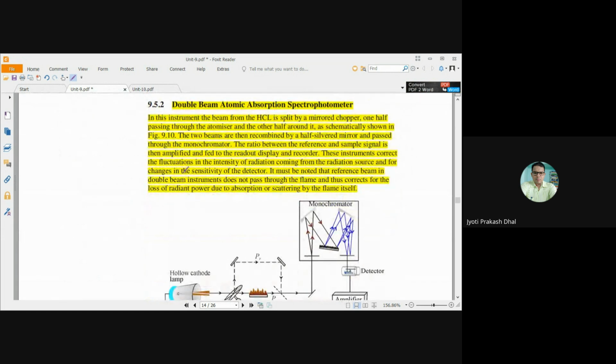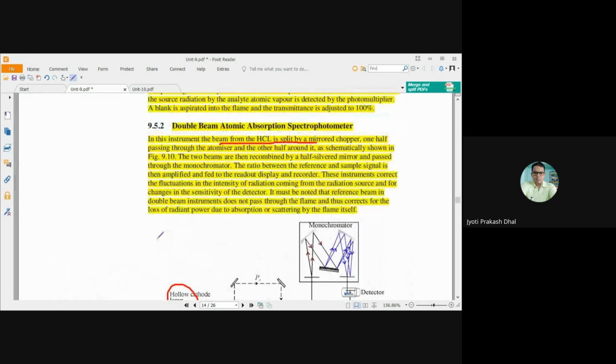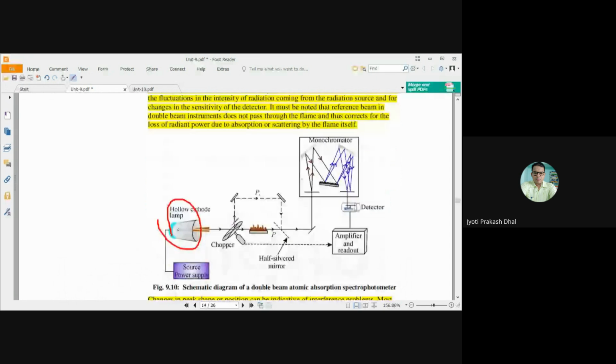Now coming to the double beam atomic absorption spectrometer. In this instrument, the beam of the HCL is split. So this is the hollow cathode tube. The beam of the hollow cathode tube will be split into two parts by a mirror chopper.